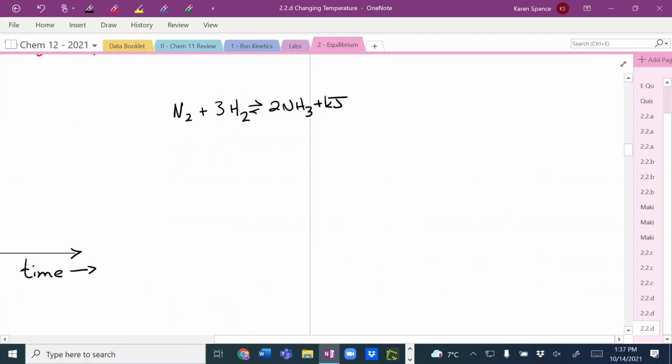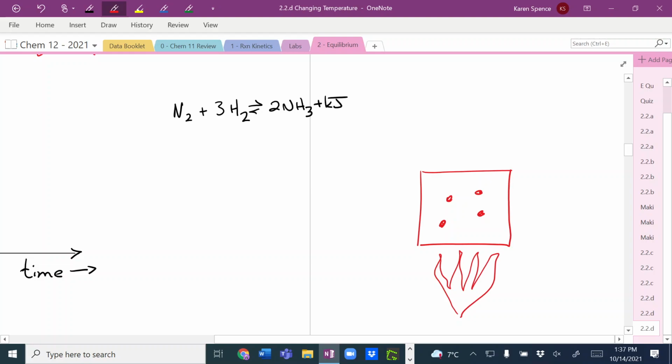I don't even want an equilibrium right now. I just want a single gas, no reactants, no products, just a single gas in a container. When I heat it, that's my fire because I can't draw. What happens to the concentration? It stays the same.